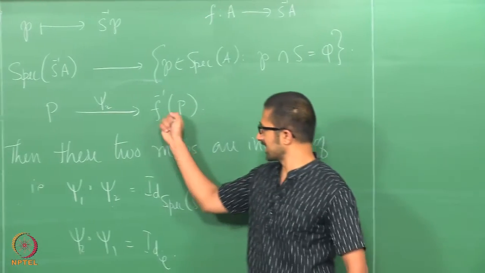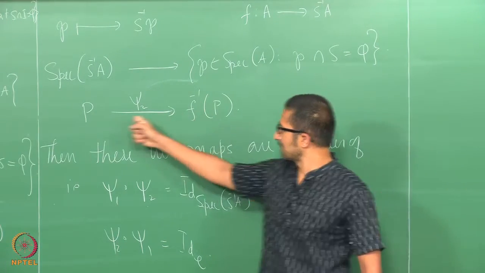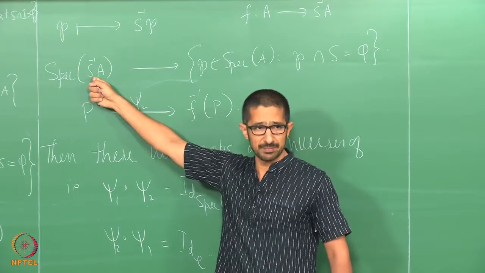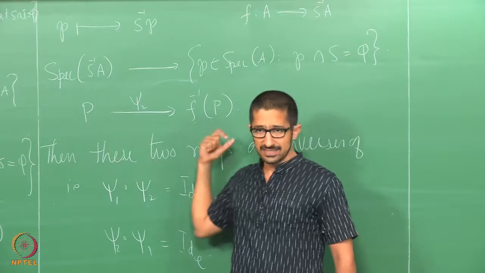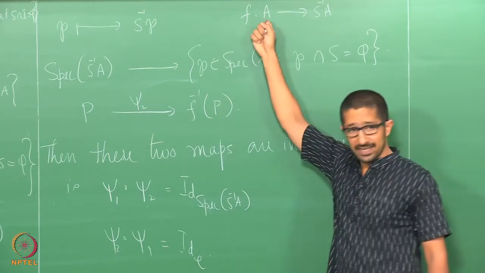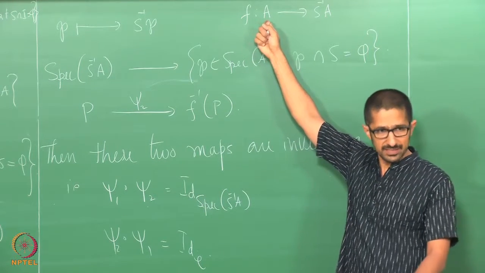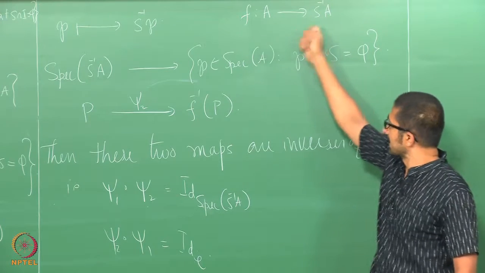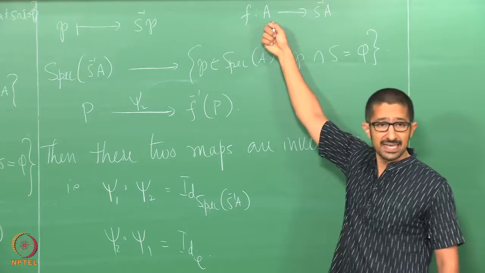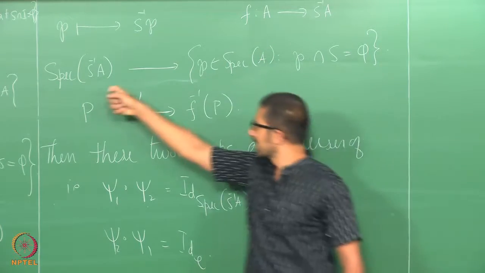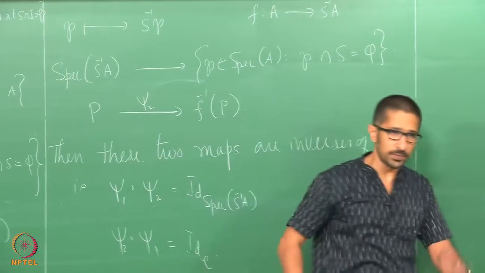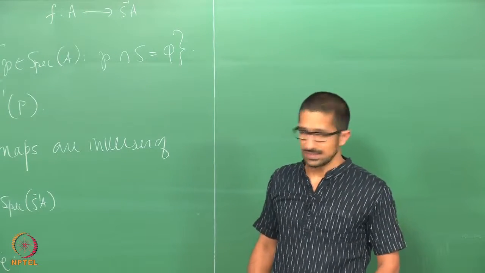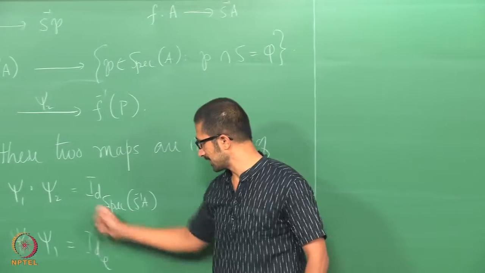So, here, yesterday we saw I start with a prime ideal P in S inverse A, then pull it back to A, what you get is a prime ideal. Moreover, if you take S inverse of that ideal, then you get back this P. I did not prove it, but I verified that it is so, and that is what I am stating here.